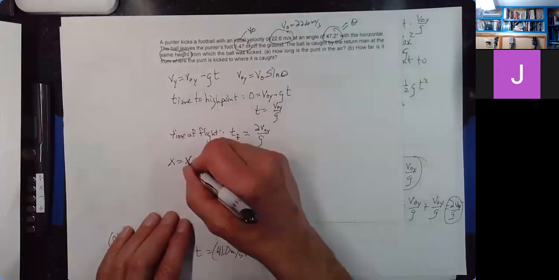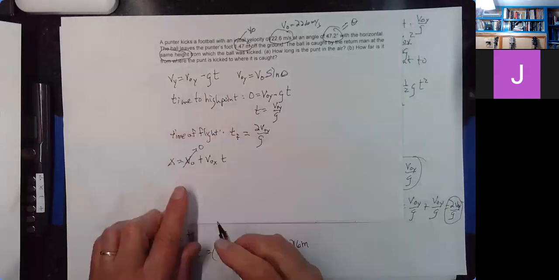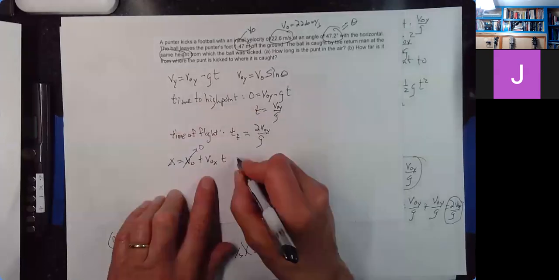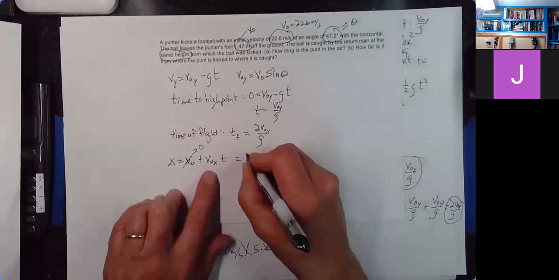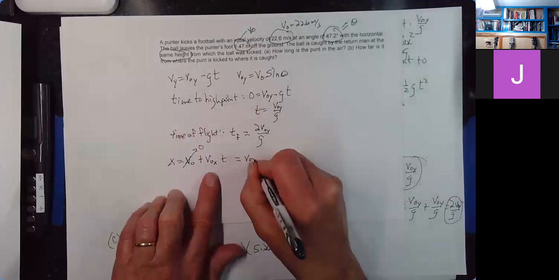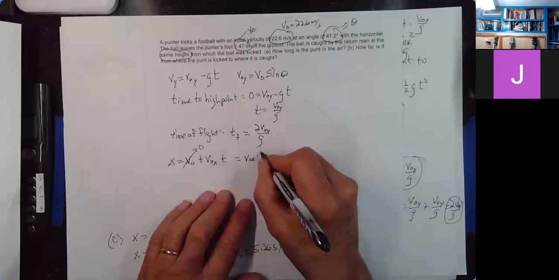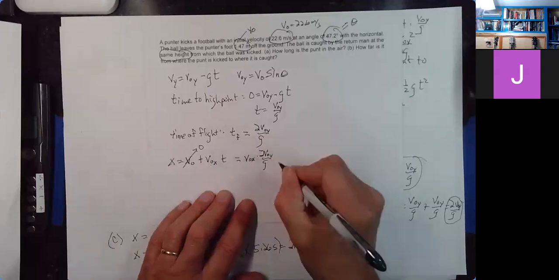So if I just put a 0 in there for that, this ends up being V naught x times t, but t is 2 V naught y over g.